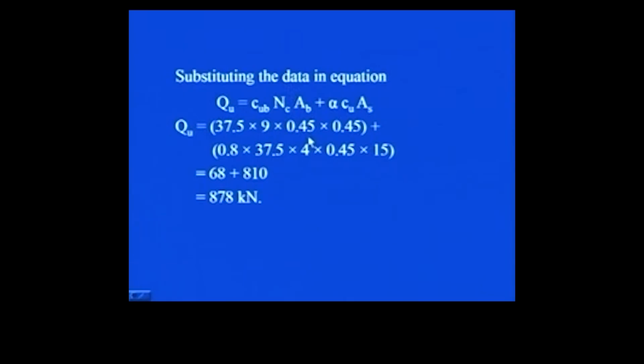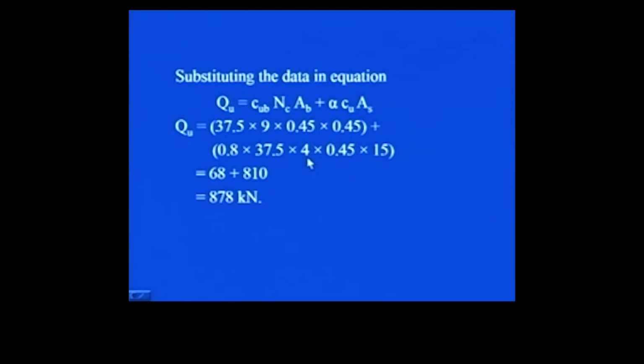So, the area of the base will be 0.45 into 0.45, plus alpha times, that is 0.8, times 37.5 which is your Cu, and this As is the surface area of the pile on which the adhesion is acting, that is the adhesion pressure due to adhesion of soil on the pile material. So, that becomes pi d l.